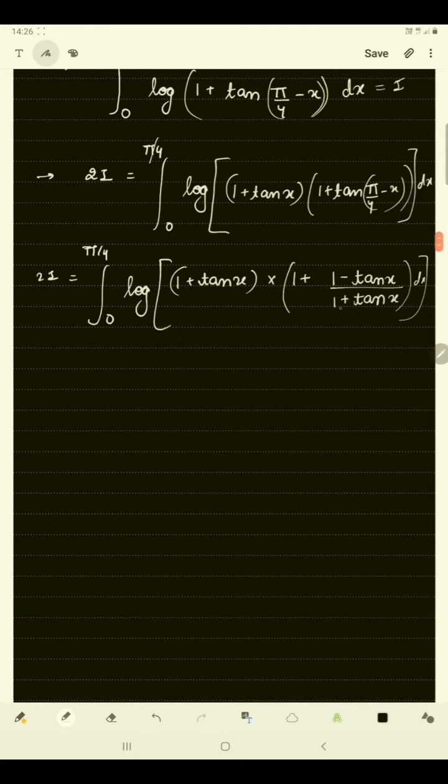Now we can see that 1 plus tan x and 1 plus tan x over here, so we can actually cancel them, but to cancel them we actually need to take an LCM over here. Let me just not waste time writing these terms again and again.